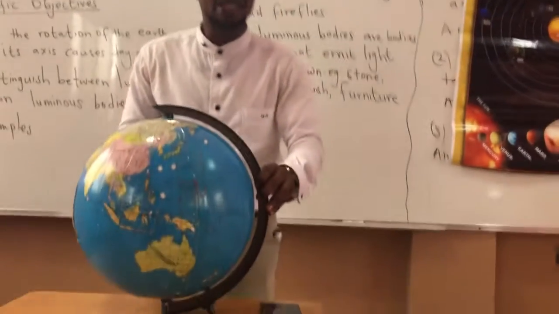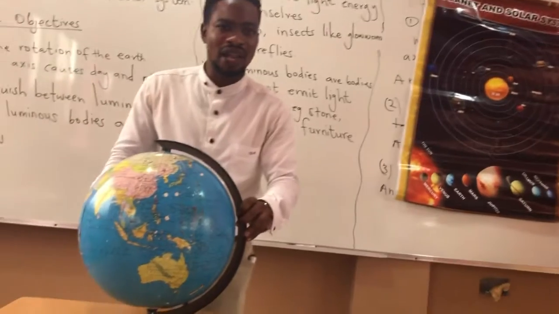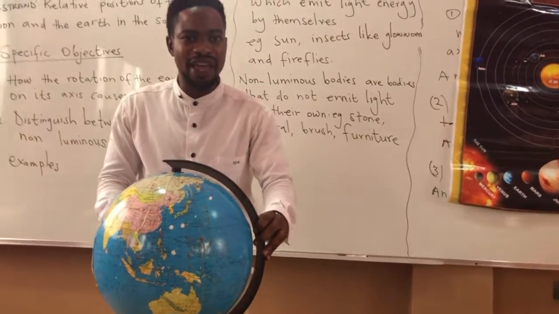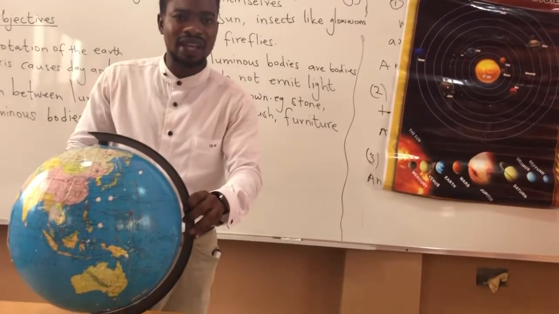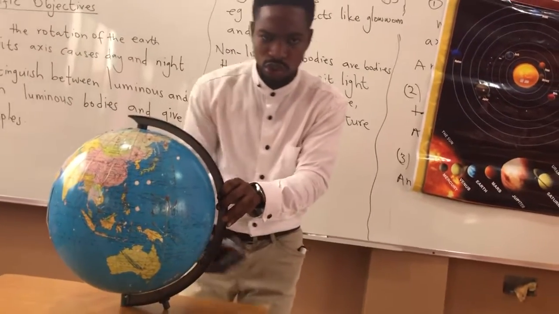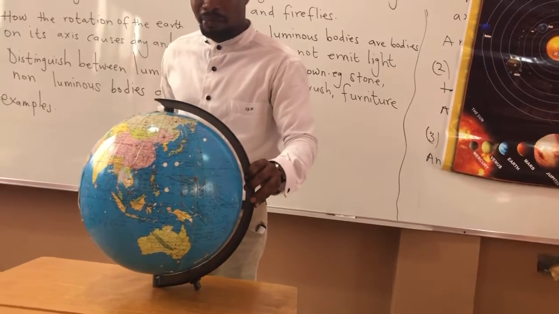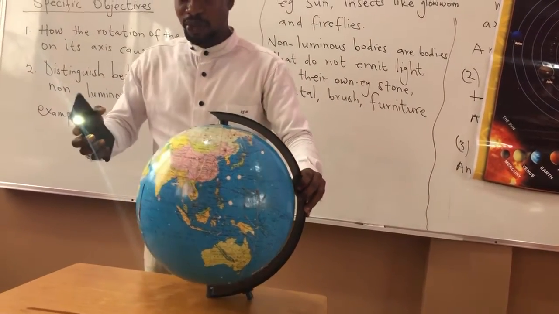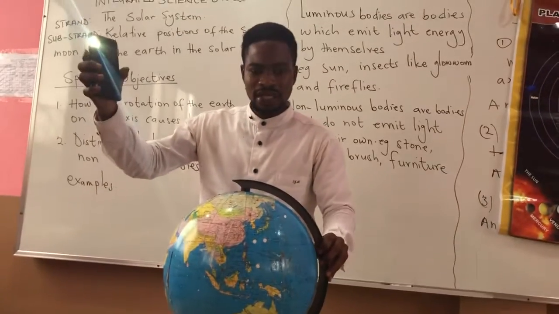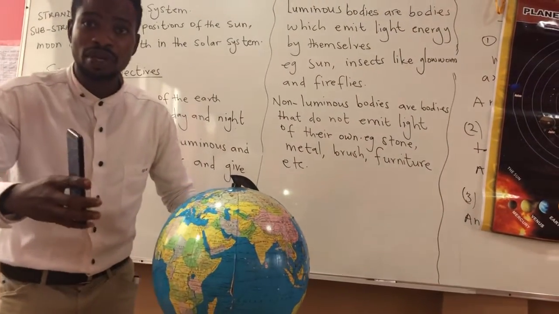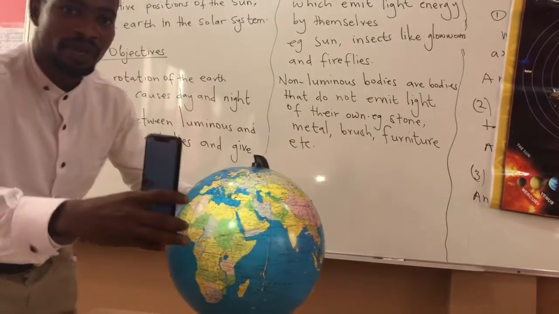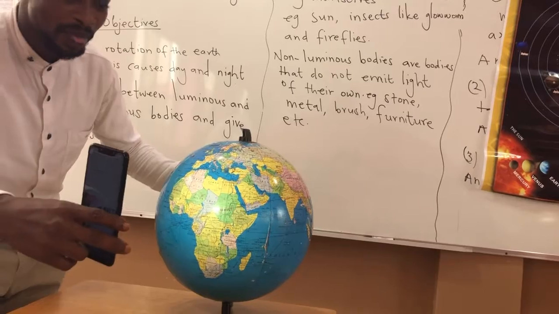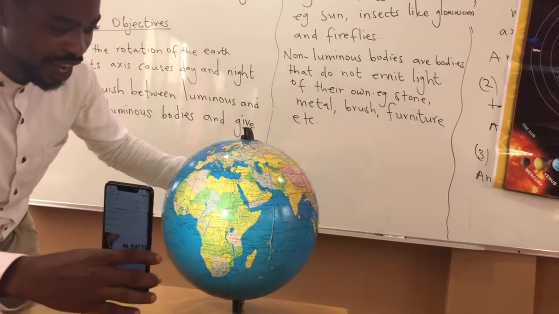And remember that the earth does not have light on its own. The light that it reflects comes from the sun. So I am going to use this as my lamp, as my torchlight, which represents the sun, and the globe represents the earth. So you can see the light here.